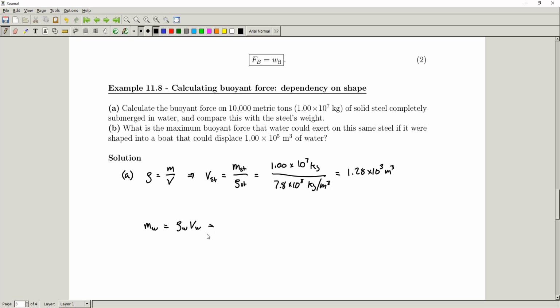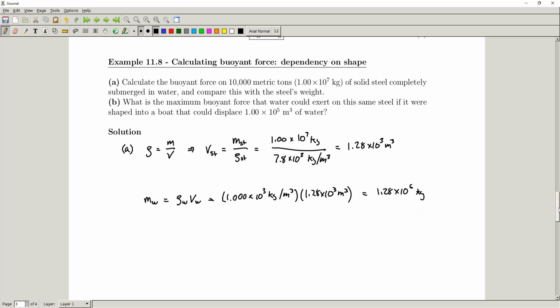So let's look up the density of water, or we should probably remember it. That's 1 times 10^3 kilograms per meter cubed. We multiply that by the volume we found above, 1.28 times 10^3 meters cubed. If we do that calculation, the mass of water is 1.28 times 10^6 kilograms.